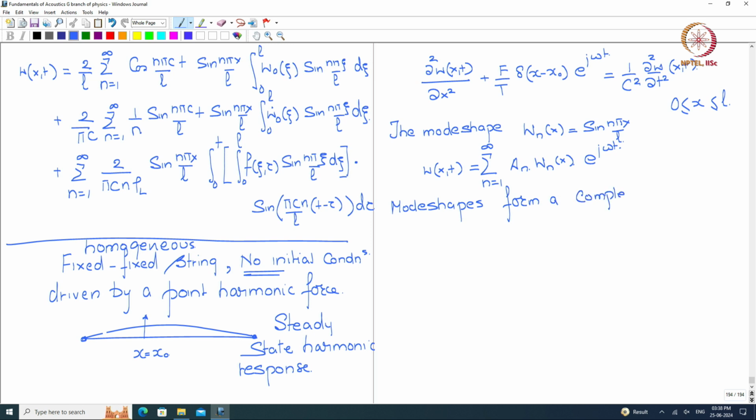That means they are capable of representing any displacement the string may happen to acquire during its vibration, and the more terms you take, the more accurate your representation becomes. And modes are also orthogonal. These are the two properties that these mode shape functions have.